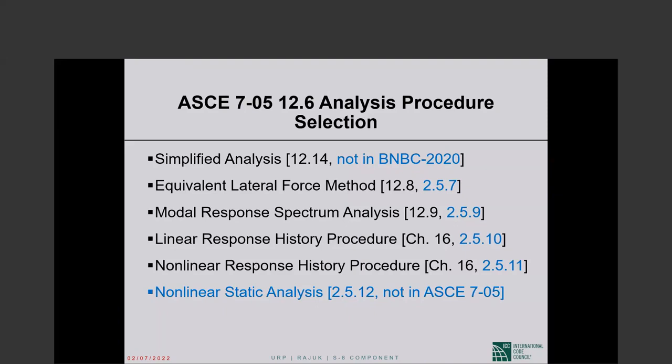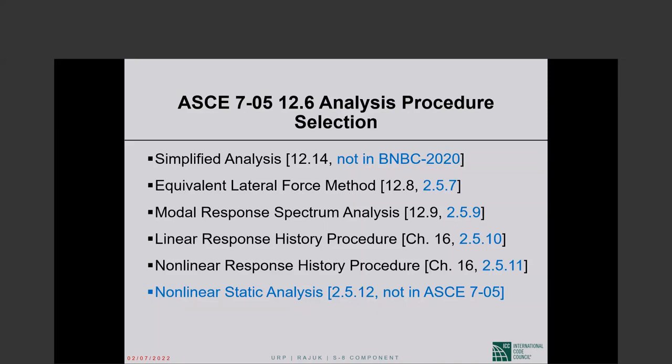In the military document that we put under contract, the nonlinear static has still been maintained, but ASCE 7 does not have nonlinear static analysis. IBC doesn't. Anyway, BNBC 2020 has spent a lot of time on nonlinear static analysis. This is something I will not go into.